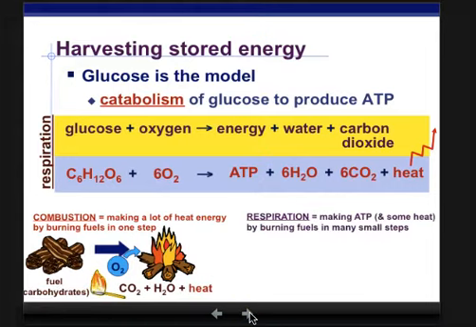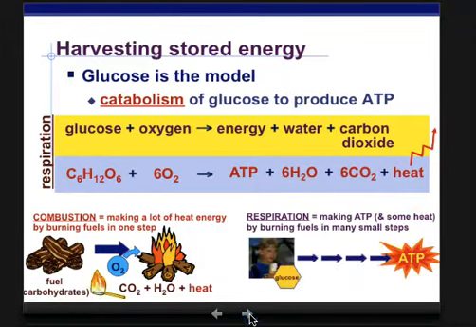And respiration is going to be making ATP and some heat by burning fuels in a whole bunch of small steps. So going from sugar to ATP and some heat is going to take us a whole bunch of steps. And of course this is an oxygen dependent process. Not all the parts, but to go from start to finish requires oxygen.